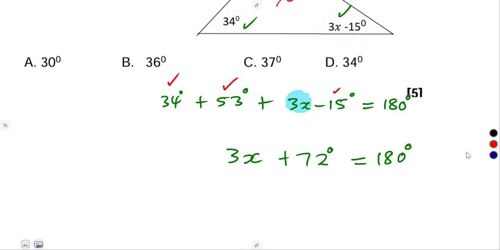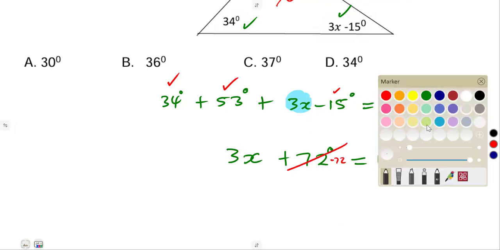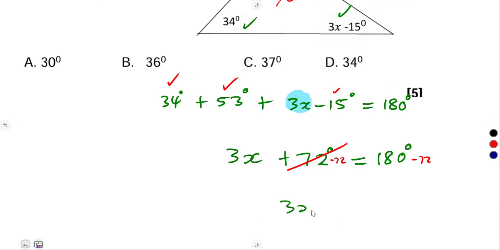So for x, the 72 is positive. So let's take it to the other side. It's going to be a negative, or simply subtract 72 on both sides of the equation. So 3x is equal to 180 minus 72 degrees, which is 108 degrees. Divide by 3. Since we've got a product, divide by what?